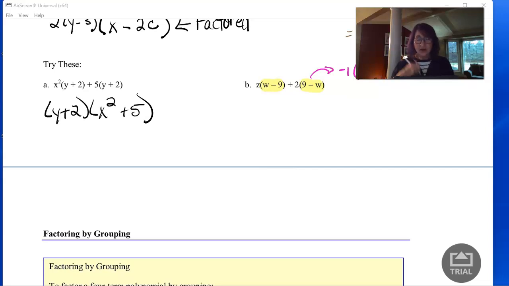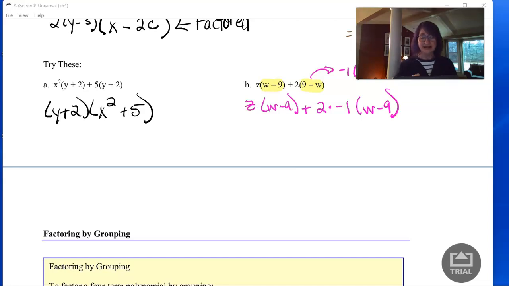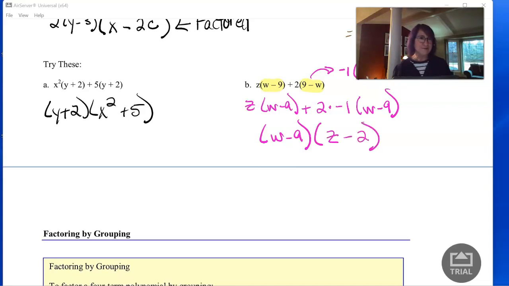It's exactly the same. So I'm going to just substitute that in. So now we've got, oops, not a 2, a z, (w minus 9) plus 2 times -1 times (w minus 9). So I can take out the (w minus 9), that's my greatest common factor, and then I'm left with z minus 2. There we go.